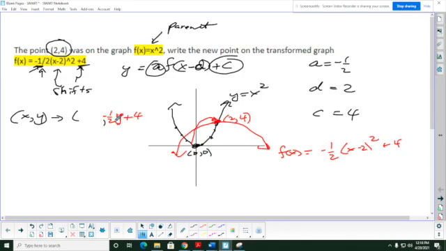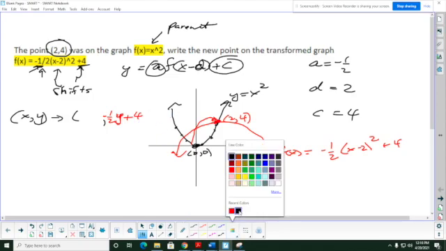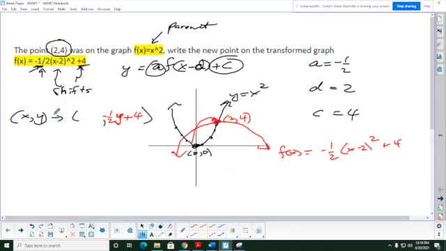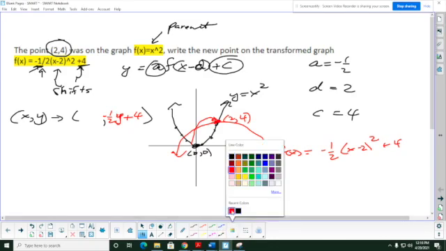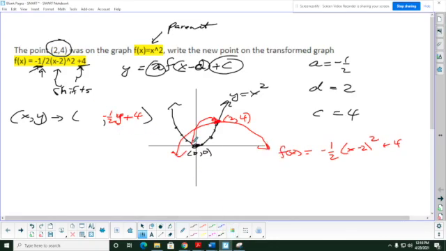So negative 1/2 times y, plus 4. Then for your x values, the only thing that happens is this shift. Even though it shows a minus there, it's a shift to the right, which actually increases your x values.